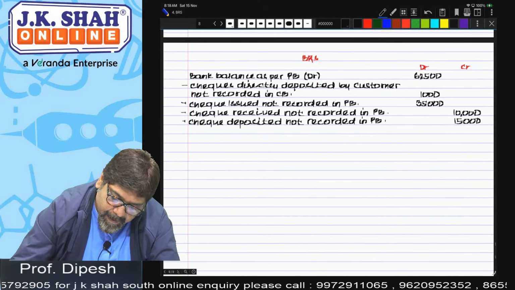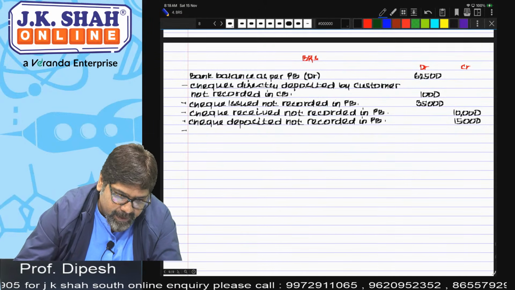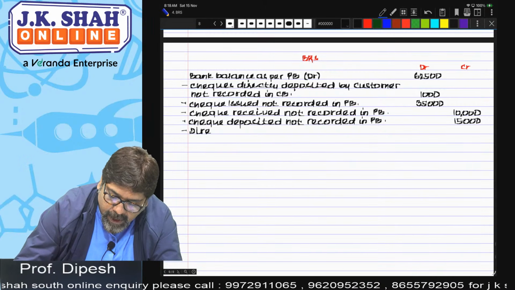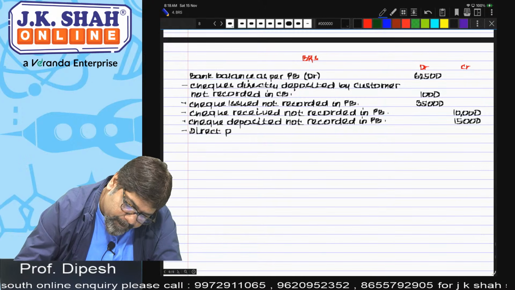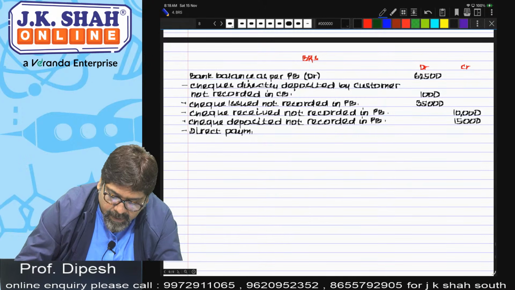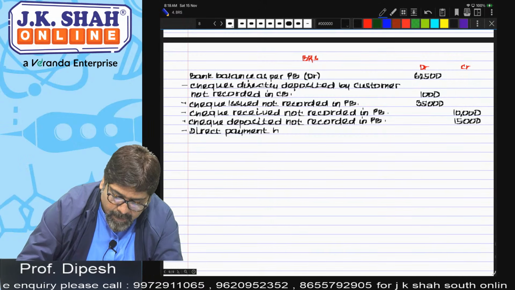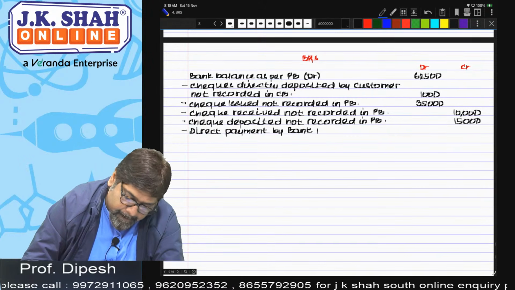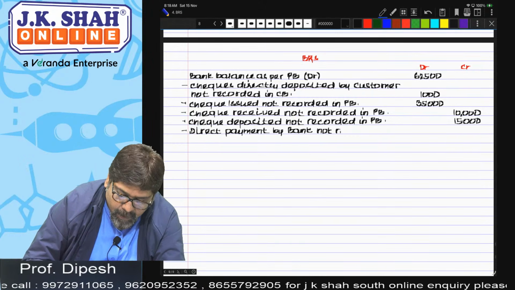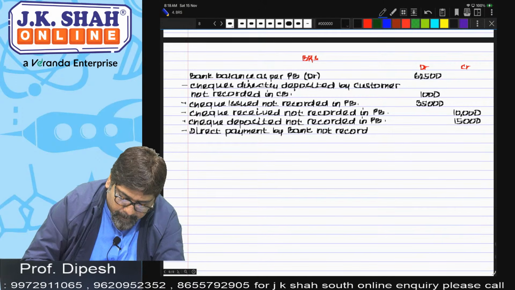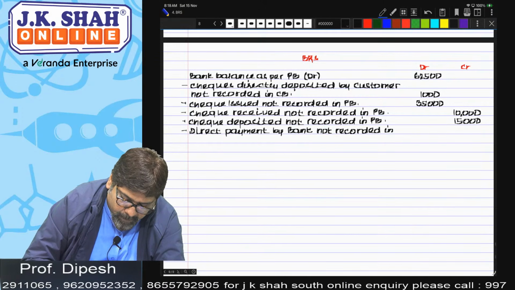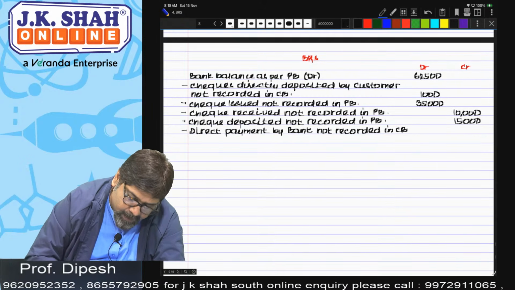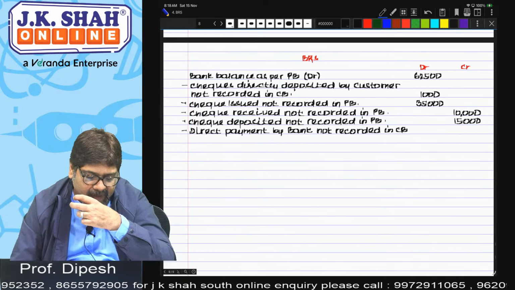So this is direct payment by bank not recorded in cash book.